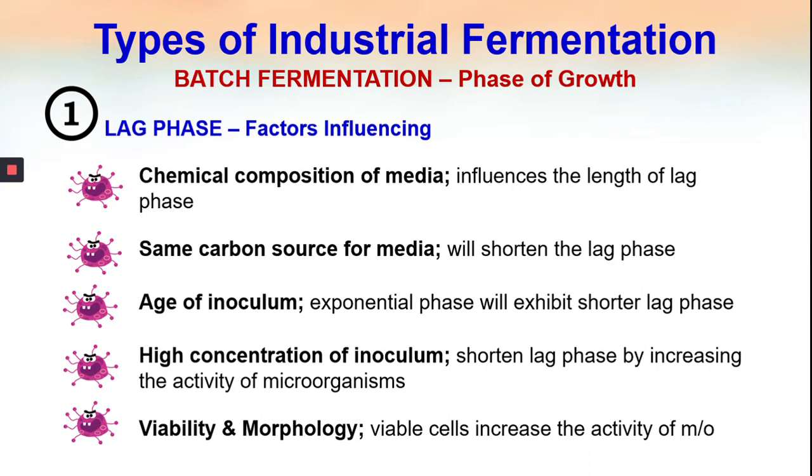Young inoculum basically is the inoculum that grows between 16 to 24 hours, because during this time the microorganism has already entered the log phase, and microorganisms that have already entered the log phase have their metabolic activity at the highest rate. Hence, it will shorten your lag phase.